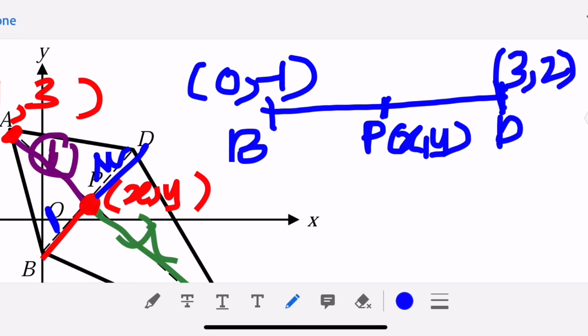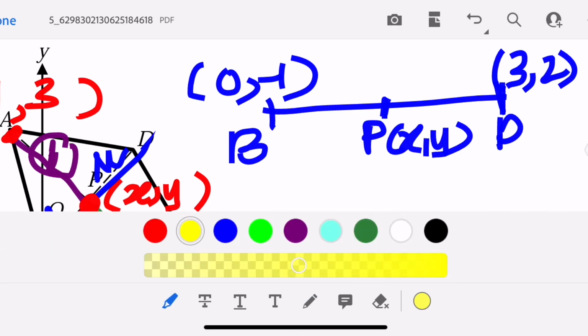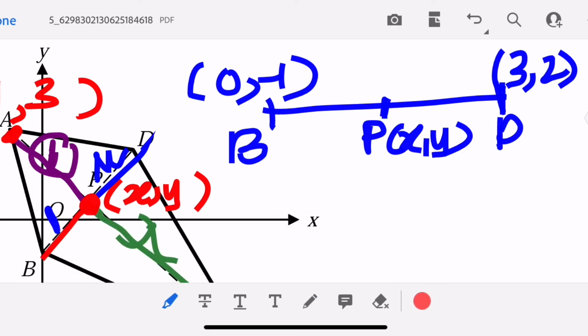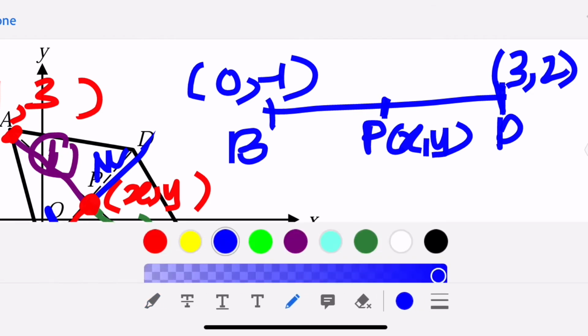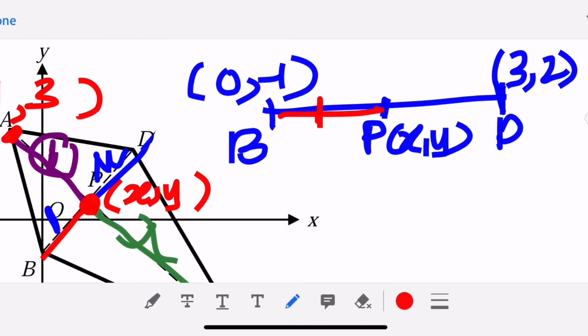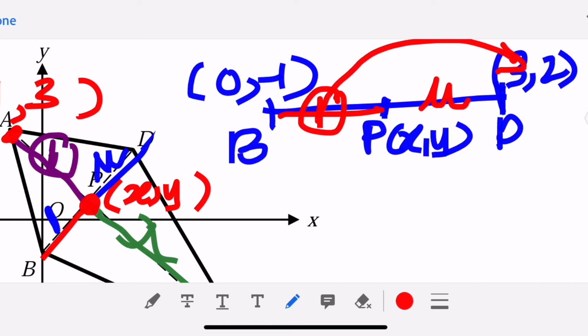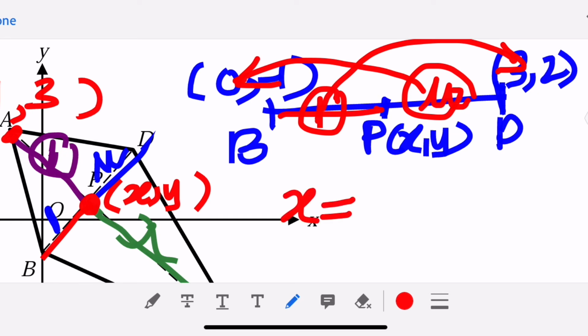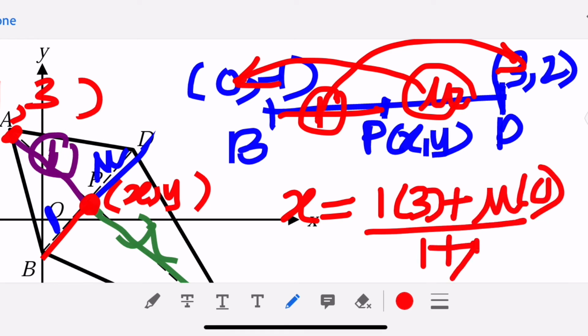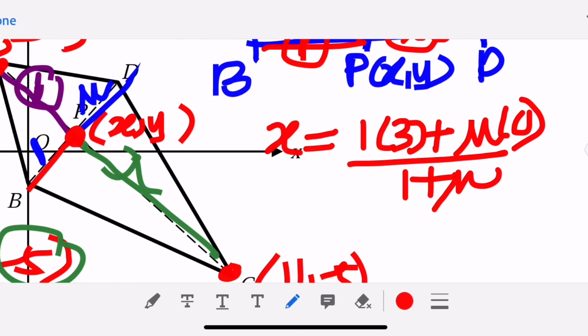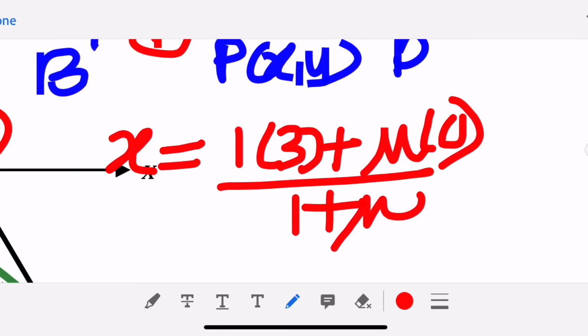We will use the ratio theorem first before we apply it to vector. Let's label this ratio 1, and this is mu. So we take 1 times the 3 and then mu times the 0. For x, it is 1 times 3 plus mu times 0, over 1 plus mu. So for x we can simplify to just 3 over 1 plus mu.